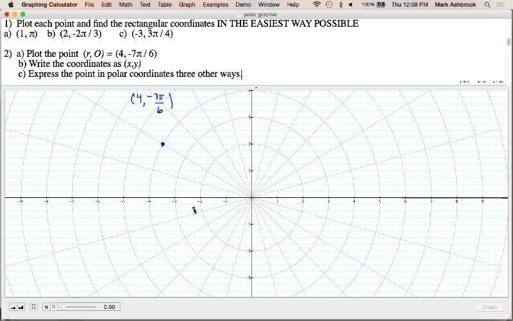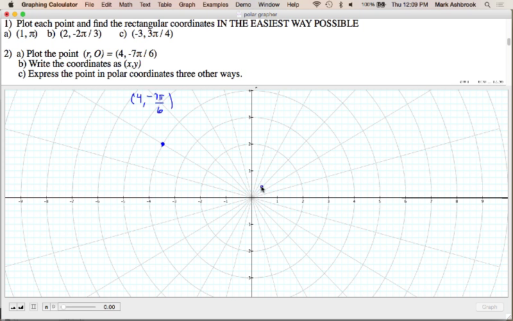Okay, so what's another way to express this point then? So we could go negative 7 pi over 6 this way, and then out 4. What would be another way to use r and theta to get that point? 5 pi over 6, 4.